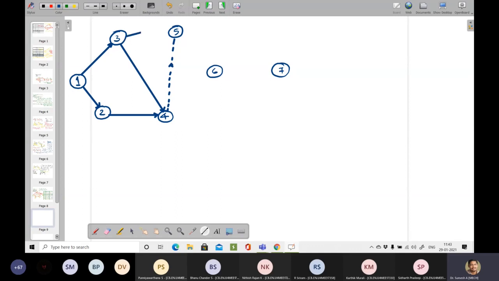Four to 5, 3 to 5, 4 to 6, 4 to 7, 6 to 7, 5 to 6, 5 to 7.